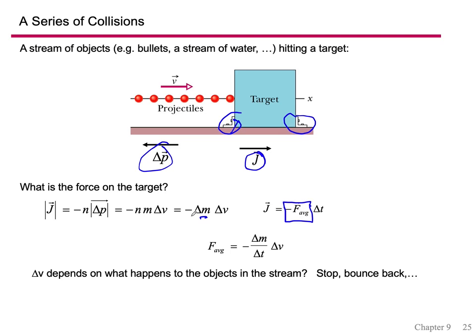Well, it would be this quantity here over delta t. If you were solving for this, just move this to the other side. So impulse divided by delta t gives the average force, which gives us this. The average force is the change in the mass, or the mass per unit time, times the delta v. So what happens if they stop?